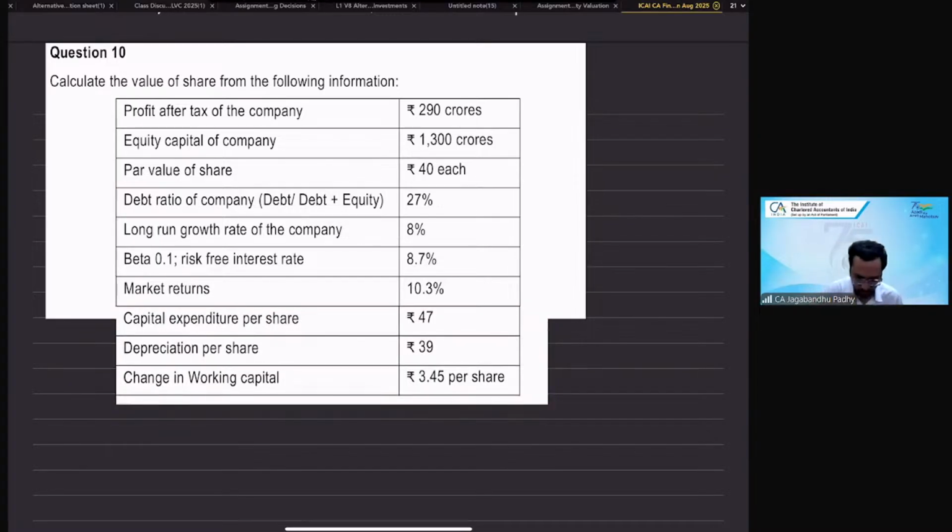Okay, so here we have the numbers. We have to calculate the value of the share from the following information.